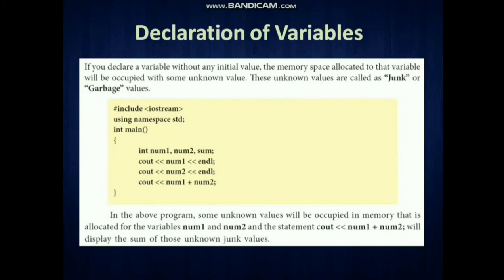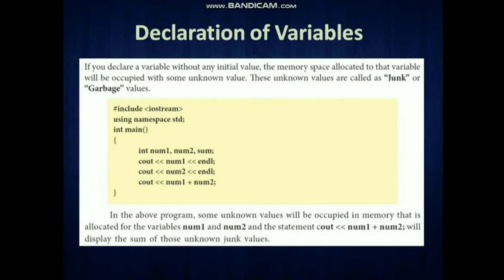Sometimes if you declare a variable without any initial value, the memory space allocated to the variable will be occupied with some unknown value. We didn't give any value for these variable names. Num1 equal to nothing, unknown values. Nothing is assigned here. Num2, nothing is assigned here.